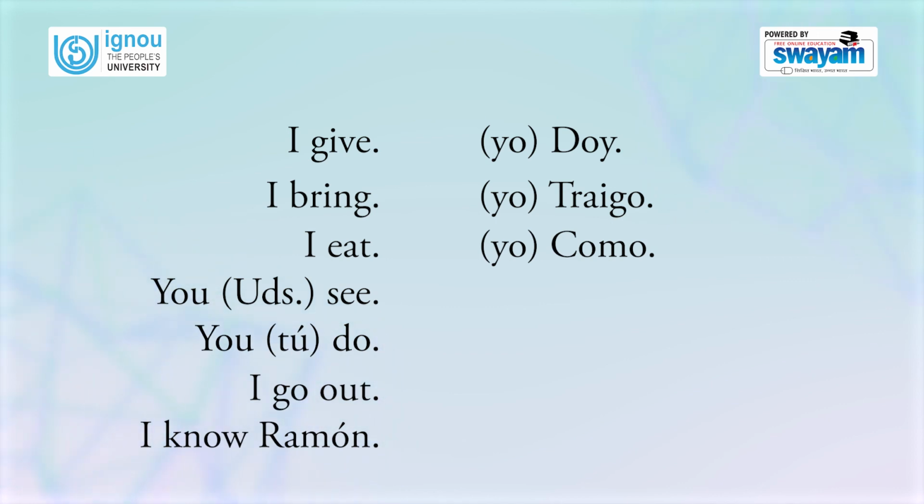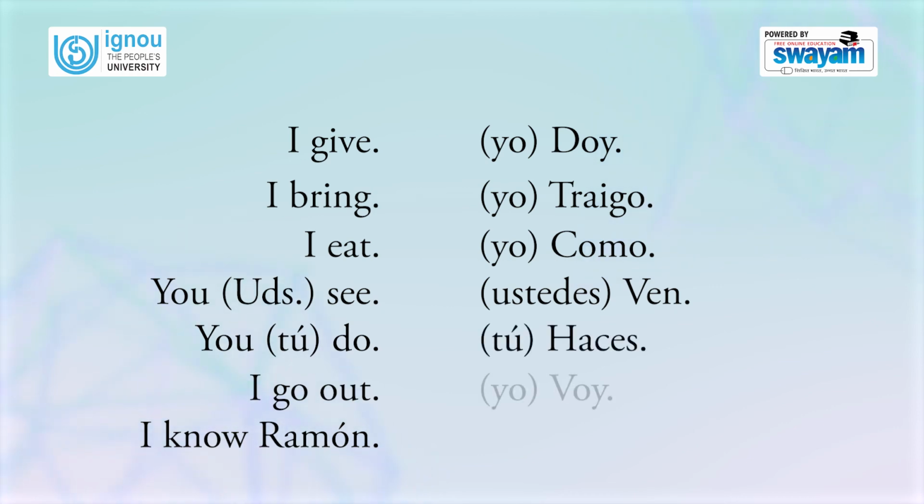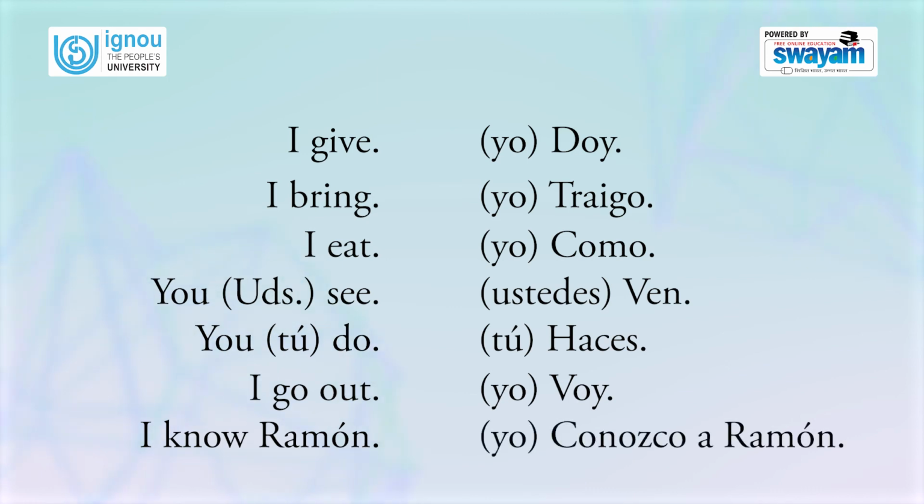You see is you as in ustedes, the second person plural form, which is the respect form. Ustedes ven. You do, tú haces. I go out, yo voy. I know Ramon, yo conozco a Ramon. Now, dear students, if you're wondering why I have put the subject pronouns in parentheses, it is because, as I repeat again, these subject pronouns are usually omitted in Spanish.